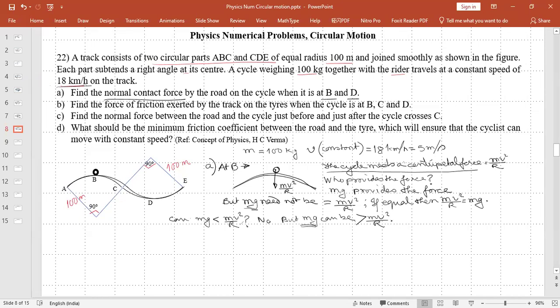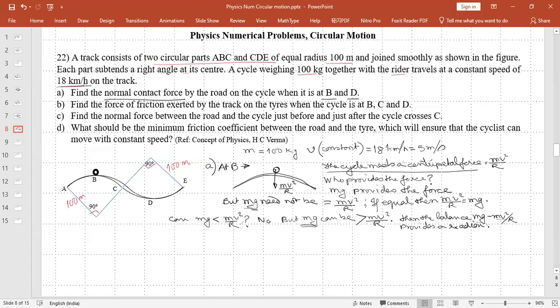Then the balance force, mg minus mv square by r, provides an upward reaction.